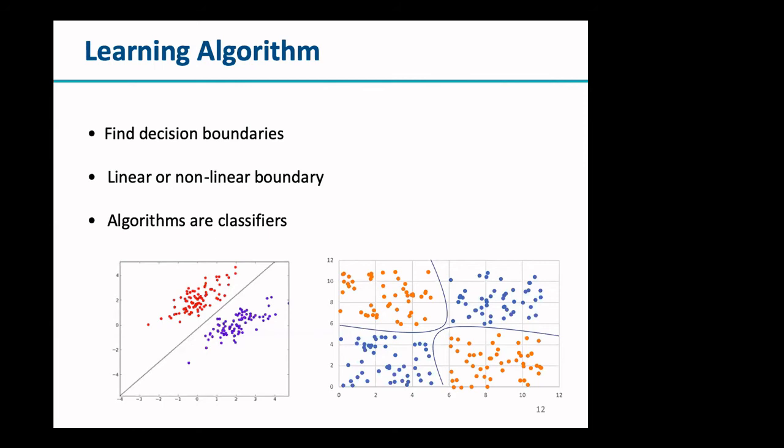In your real problems, in your real challenges, most of the time you can't apply linear classification. So we go to non-linear boundary lines, and non-linear classifiers can be useful in these cases. And we call the algorithms classifiers.